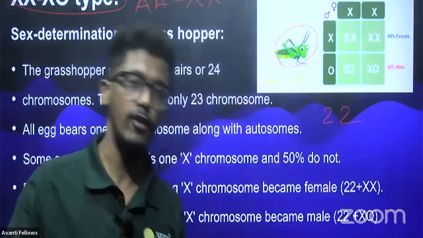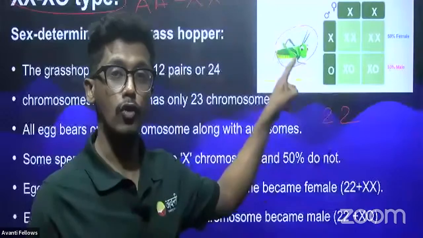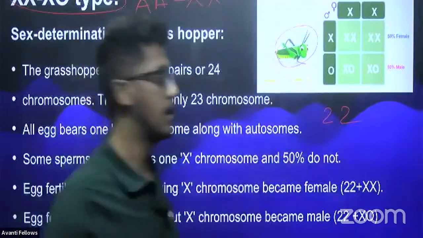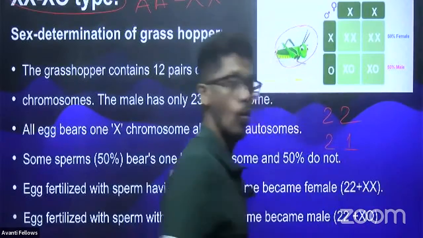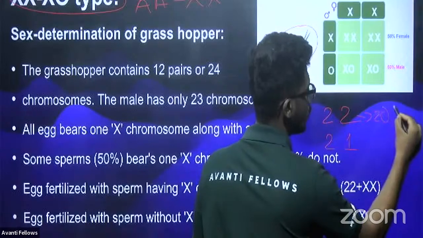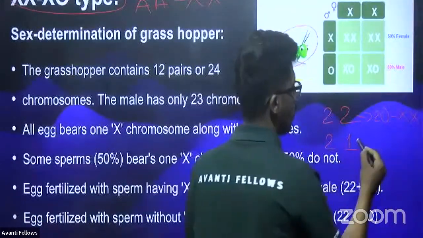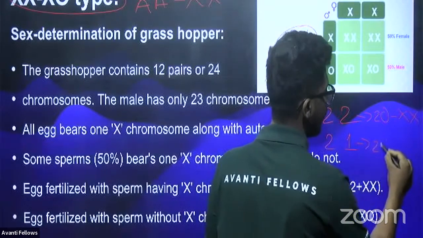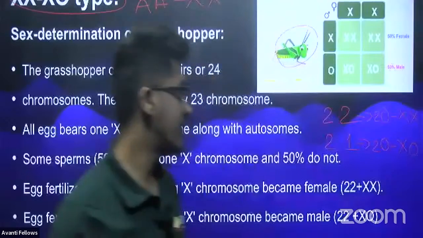The whole set of chromosomes is 22, let's assume. If this is the number in the female, then the number of chromosomes in male would be 21. How? If I take female, she will have 20 autosomes and 2 sex chromosomes, XX. Whereas our male will have 20 autosomes and 1 sex chromosome, that is XO.